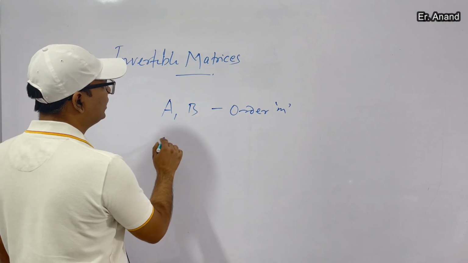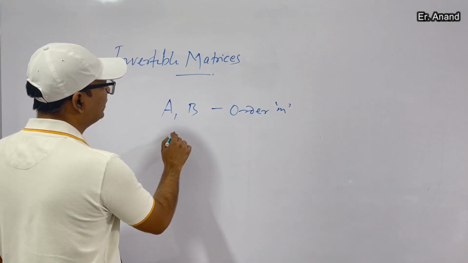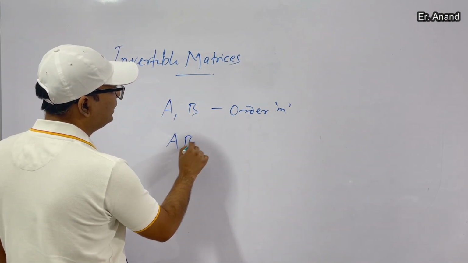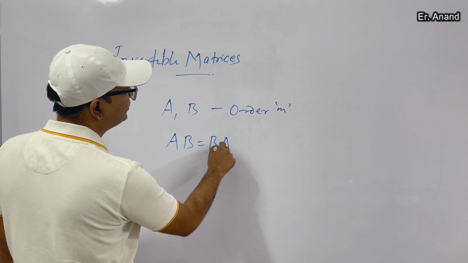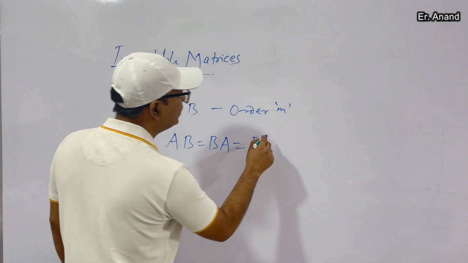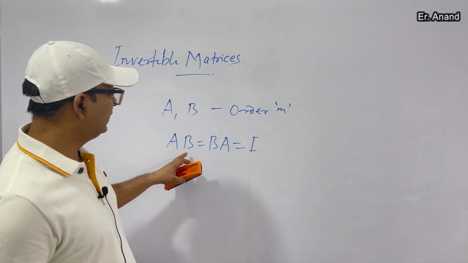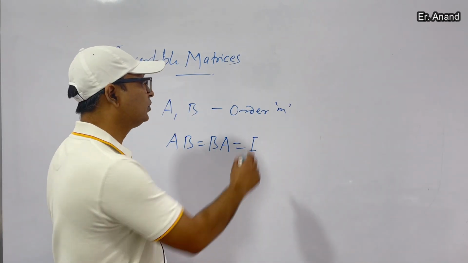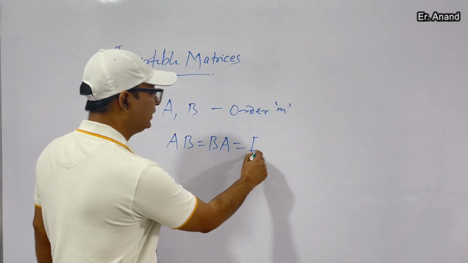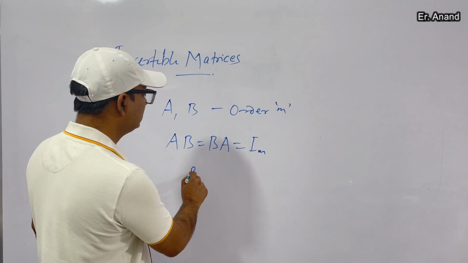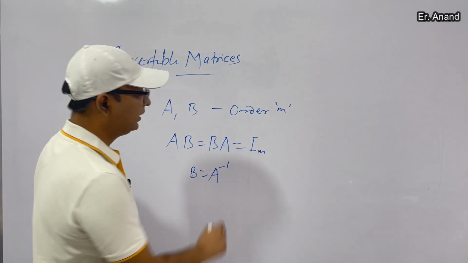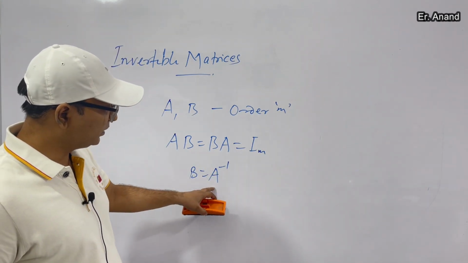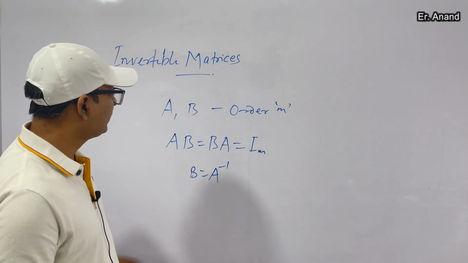So if these two are square matrices of order m, and AB is equal to BA, which is equal to I, that is A into B is equal to B into A, which is equal to an identity matrix of order m, then we say that B is the inverse of A, and this is how we denote it, A to the power minus 1.